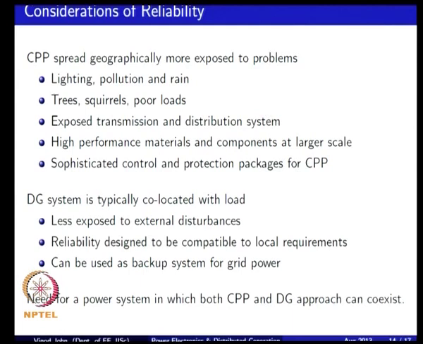It is a way in which you need to design your system such that both centralized and distributed generation have to coexist. So, it is not that the centralized system would go away and you would have only distributed sources, or you would never have distributed sources and everything is solved in a centralized manner. You need to have an engineering architecture where both systems can coexist.